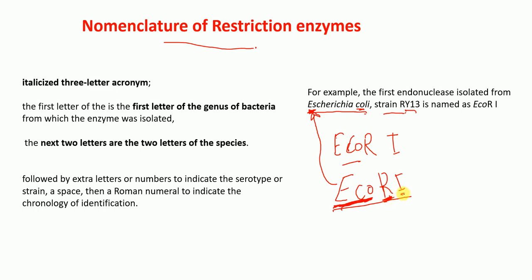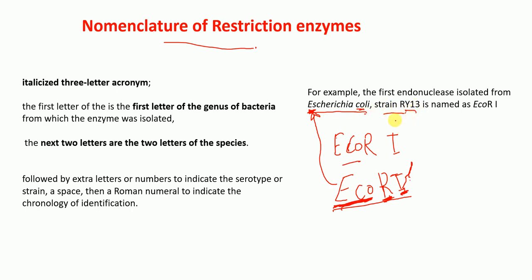And this Roman numeral 1 indicates the chronology of the identification. Basically, it is the first enzyme that has been isolated from this Escherichia coli strain RY13.